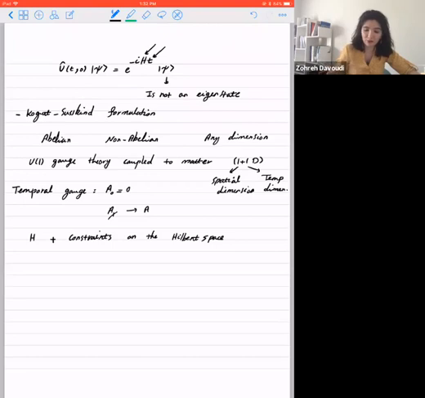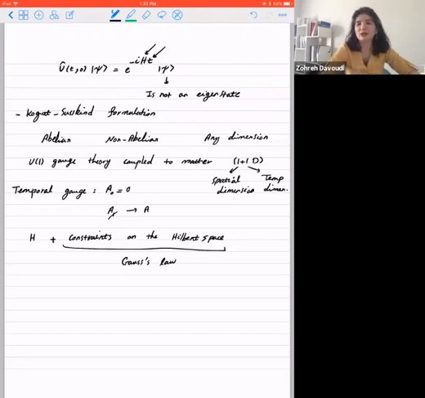And this is kind of important. These constraints are called Gauss's law constraints. So we will come back to the explicit form of these constraints when we talk about U1 gauge theory and its Hilbert space. But for the moment, just keep this in mind.